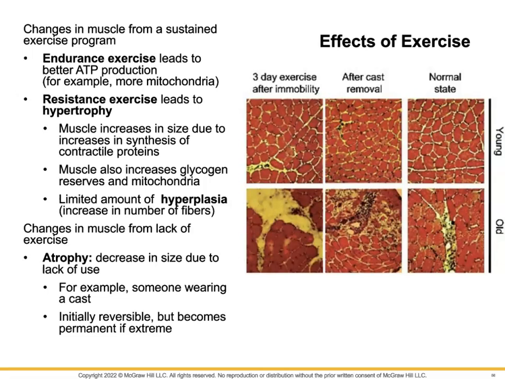Resistance exercise produces powerful muscle contractions like weightlifting. So that results in stronger skeletal muscles. It stimulates the muscle fibers to increase the contractile proteins, actin and myosin, especially in those fast glycolytic muscles. These changes primarily result in an increase in the muscle size, and we call that hypertrophy.